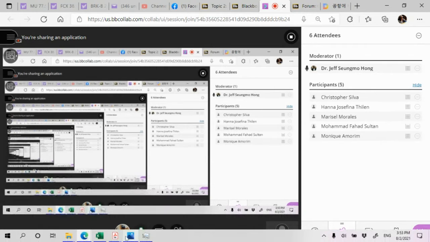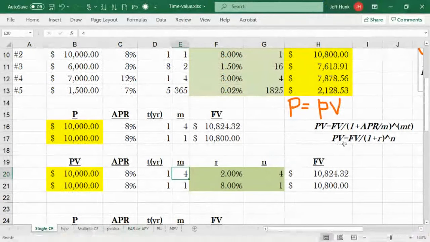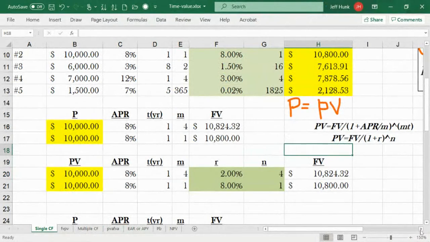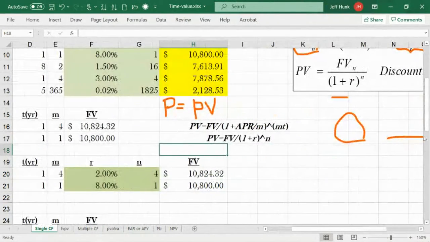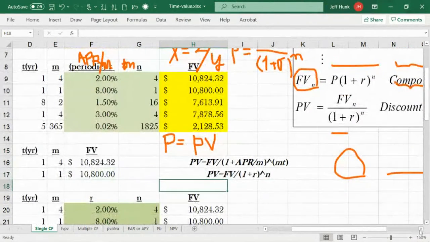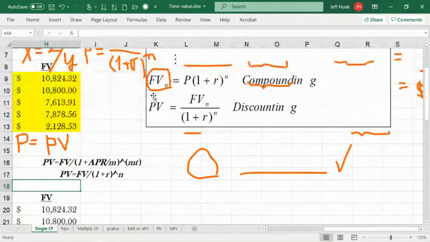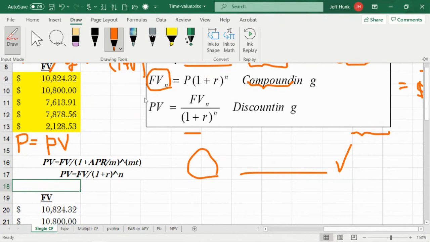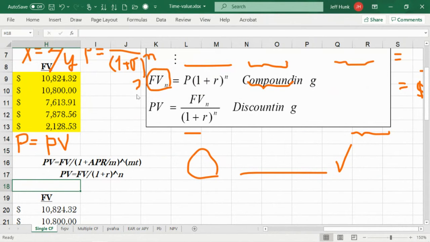All right. Well, what was I talking about? Yeah. So basically, look at the formula. If you're solving for the future value, if the future value is the unknown, all the other variables must be known, right?